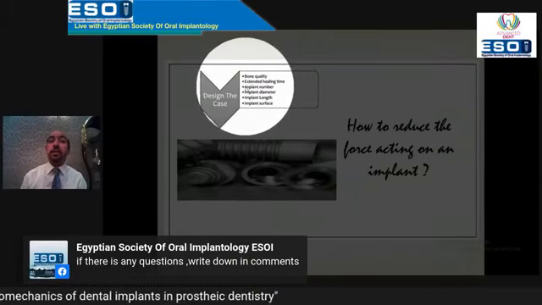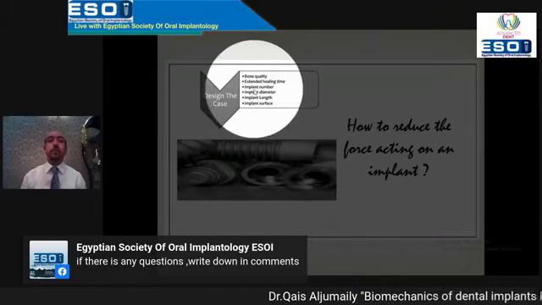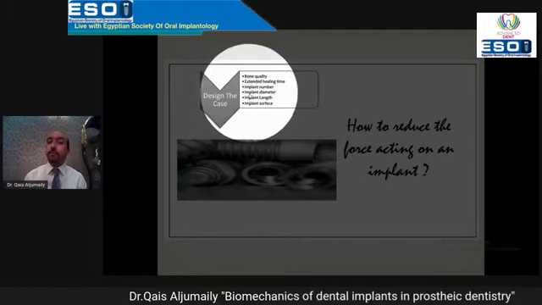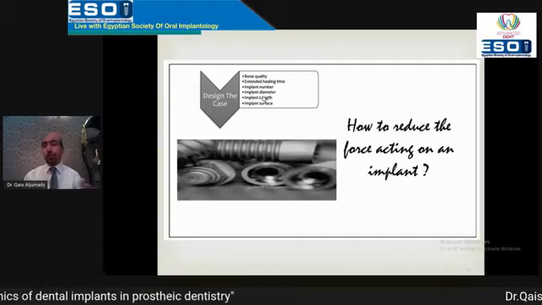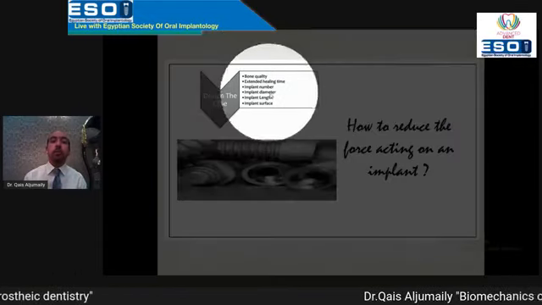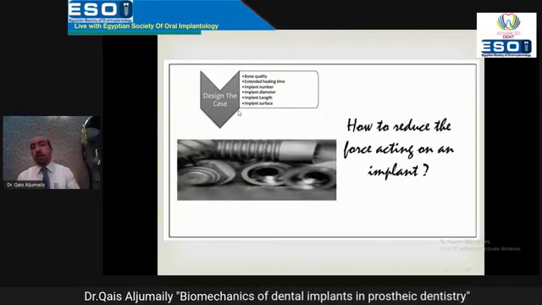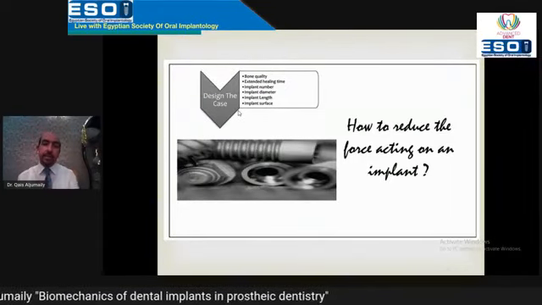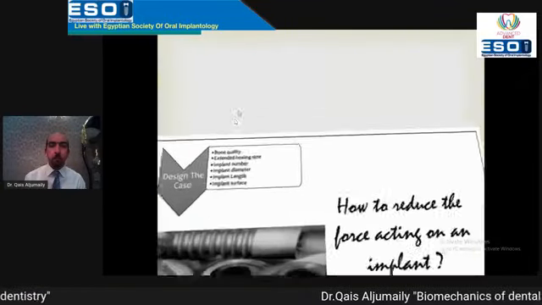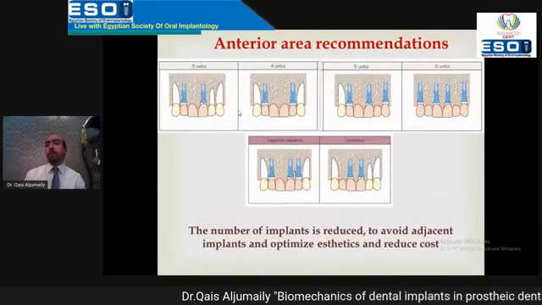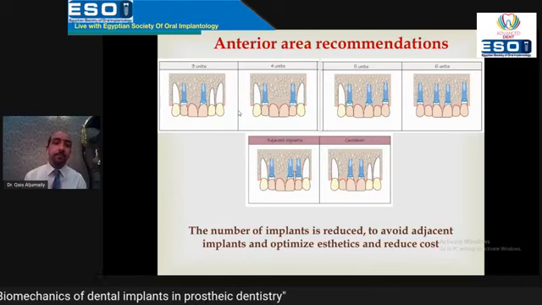We have to increase the implant number to increase the area that will receive the force, and we have to increase the diameter and the length of the implant to increase the surface area, and also we can modify the implant surface, and surface treatment of the dental implant to enhance better osseointegration. So the more implants, the larger implant, the more surface area to receive the force and to decrease the stress.